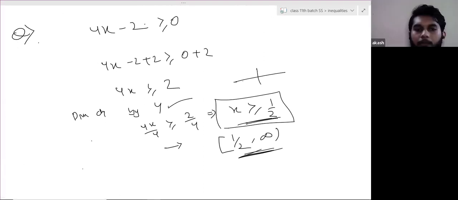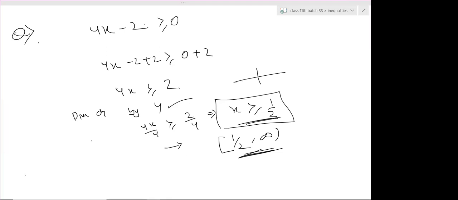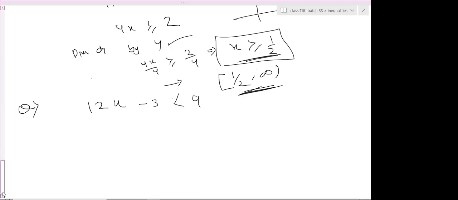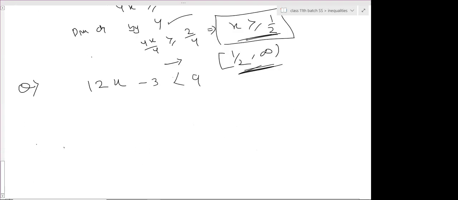So let's give you guys a few questions. Solve 12x minus 3 is less than 9. x is smaller than 1.